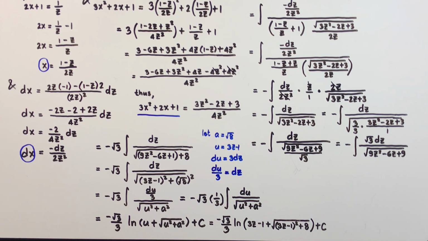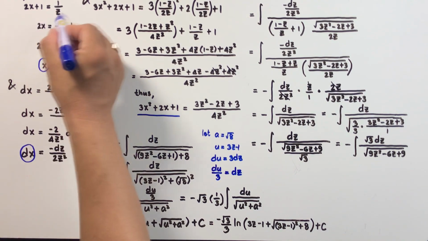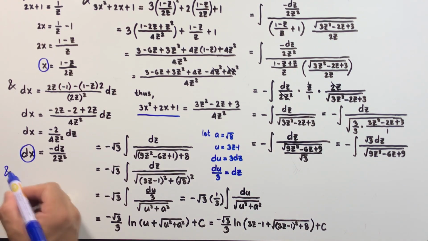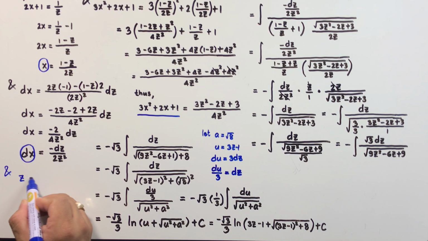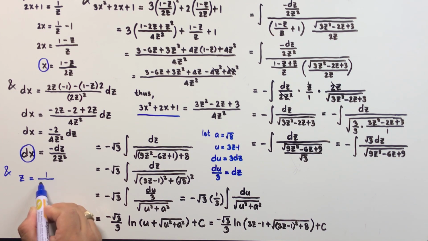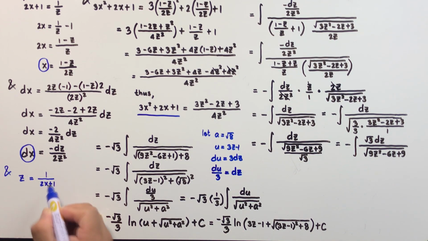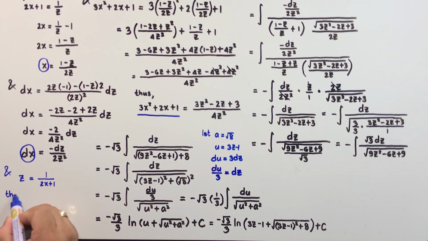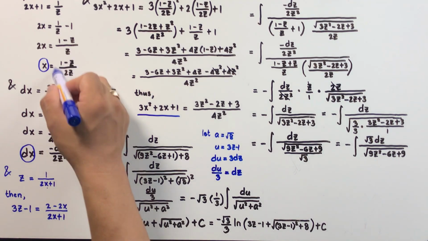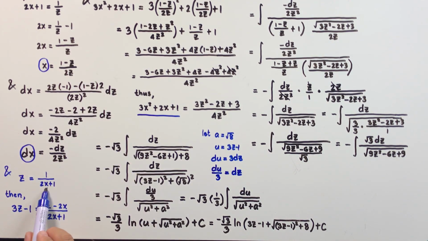And solving for our z from this equation here, we have our z equal to 1 over 2x plus 1. Then therefore, our 3z minus 1 is equal to 2 minus 2x over 2x plus 1, if you substitute the value of x to this denominator.